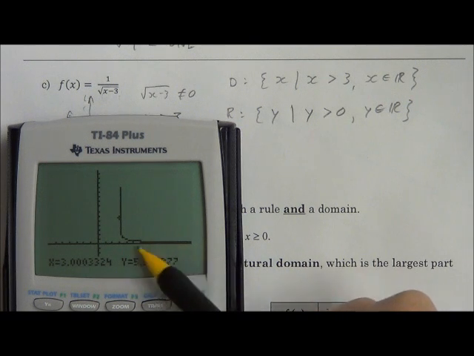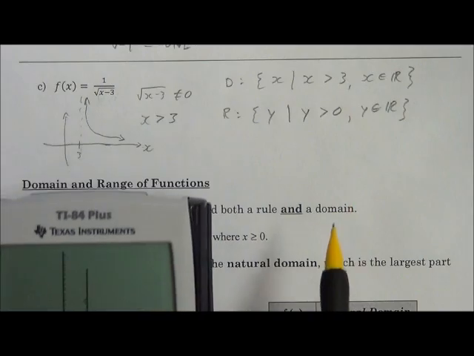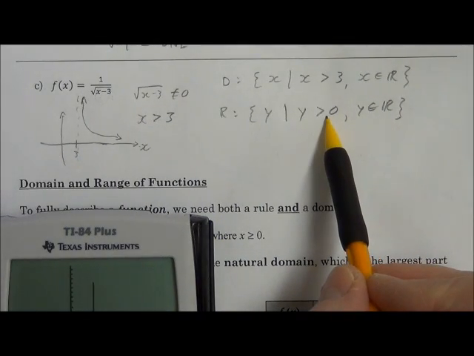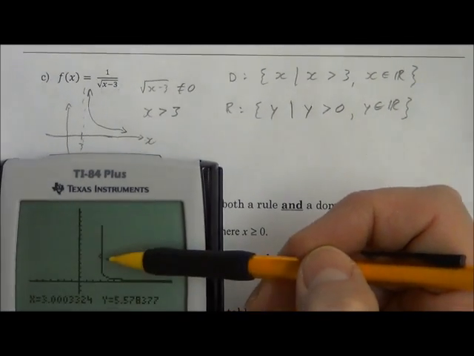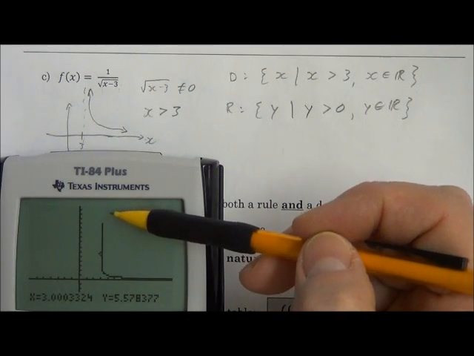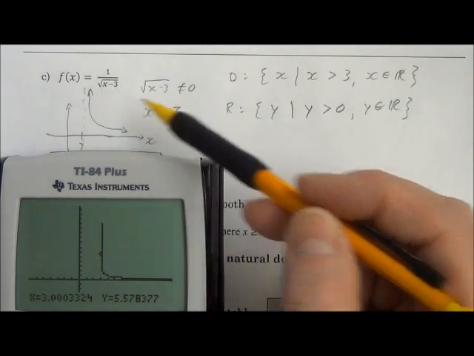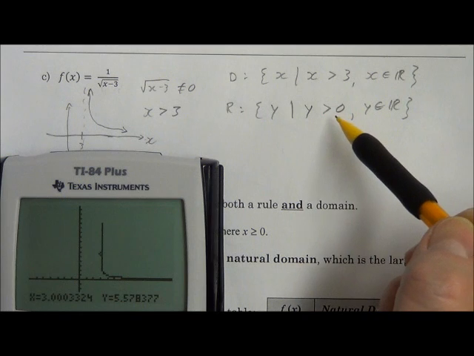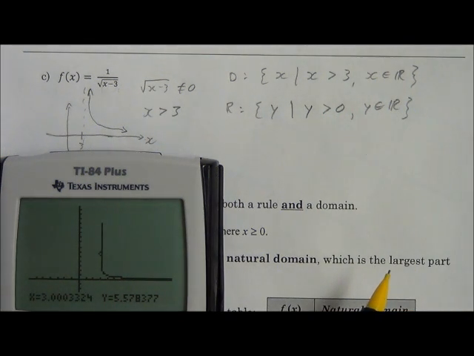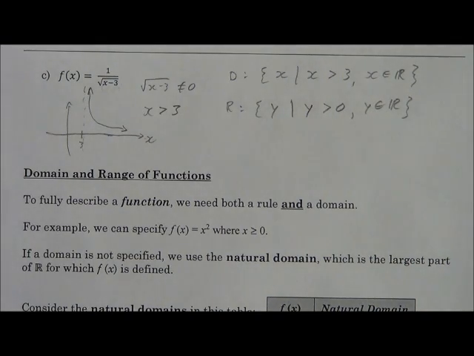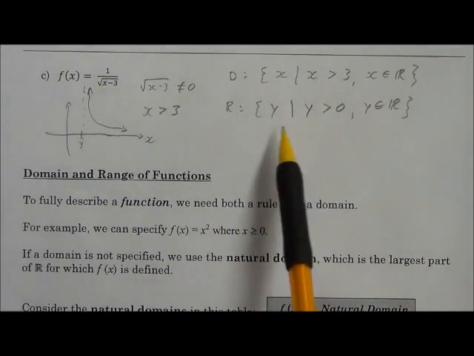So that means that the graph is approaching the x-axis but not actually getting to it. So it's greater than 0, and we see that because the graph is going up vertically forever in this way. Then it's going to be greater than 0 and just continues up from there. Okay, so that's a little introduction to the TI-84 to help us find the domain and range here.